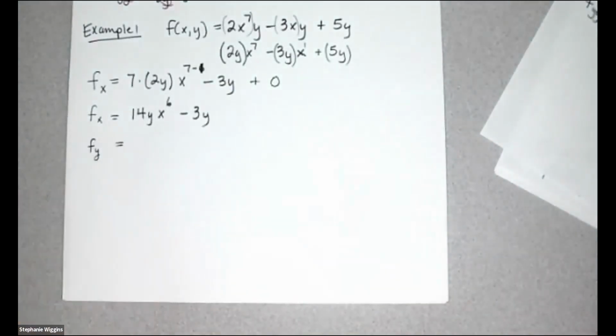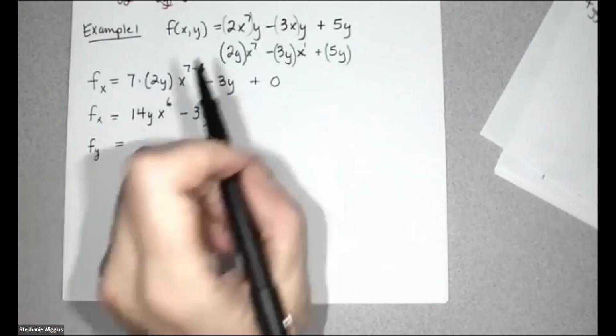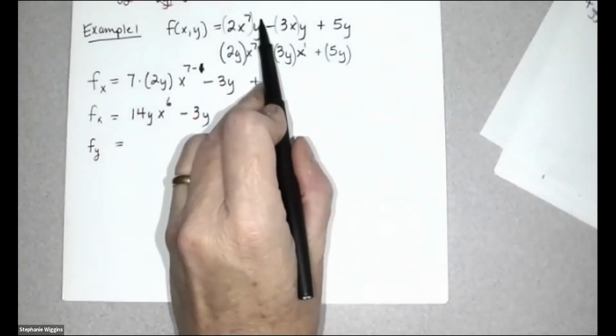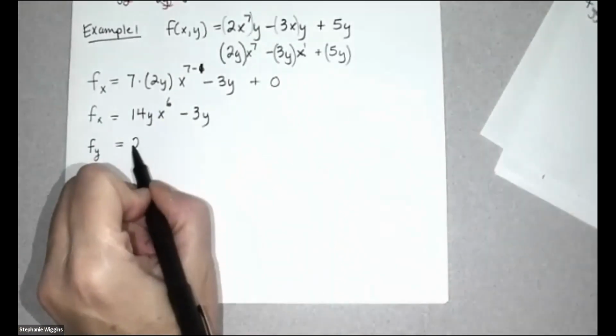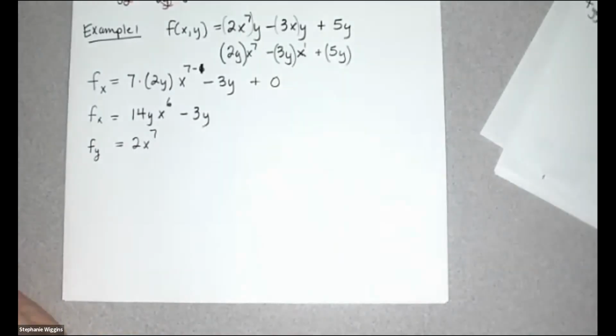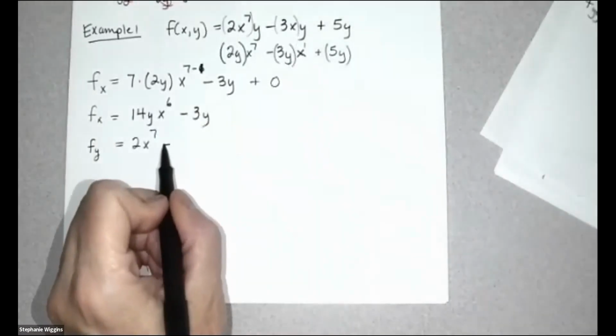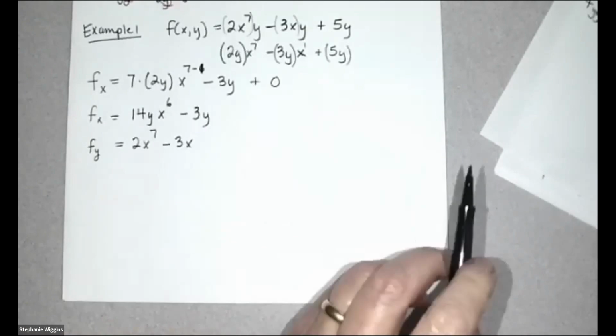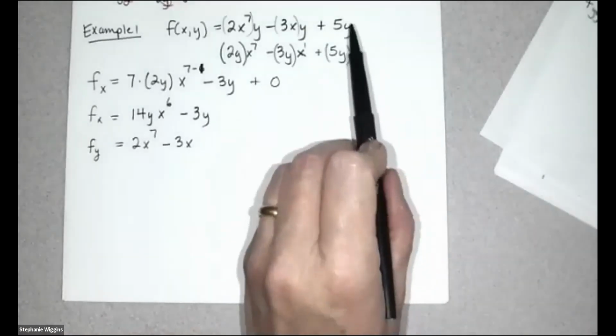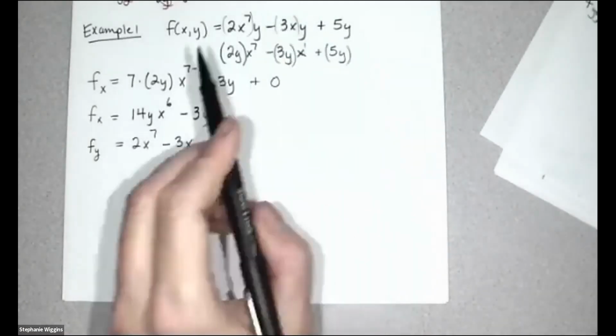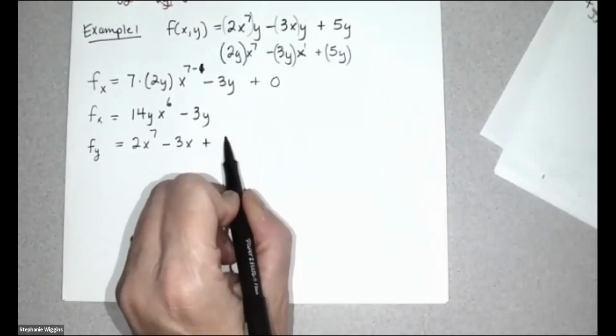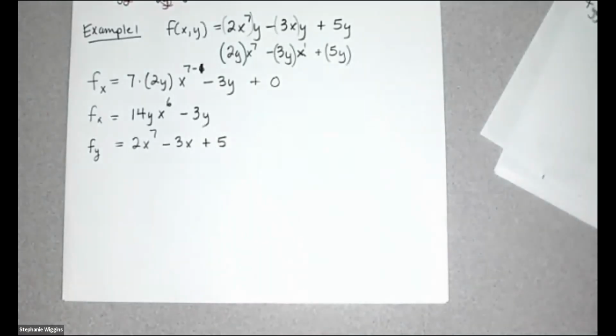And the derivative with respect to y then, here we just have y to the 1. So the derivative is just going to be 2x to the 7th power minus 3x. And here it's going to be plus 5. Any questions on that?